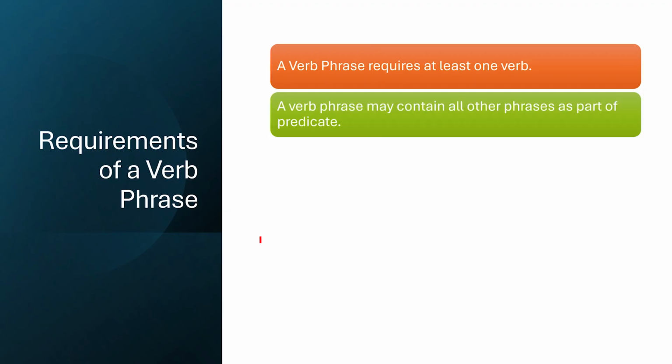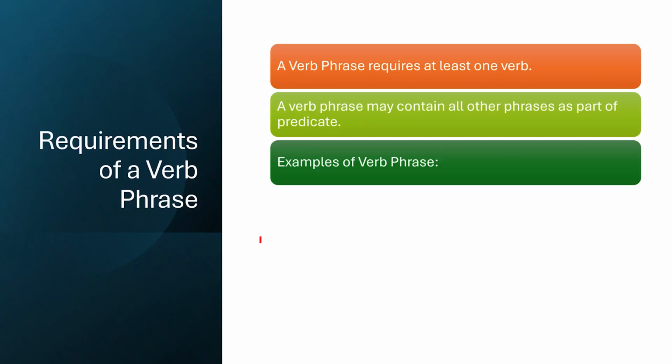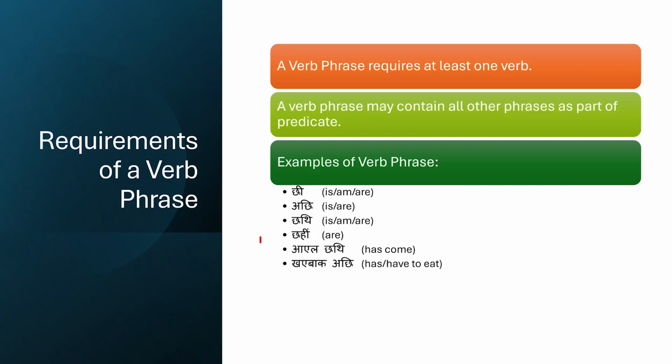A verb phrase may contain all other phrases as part of the predicate. Examples of verb phrases are chi, achi, chati, chahi, ayal chati, khaibak achi, kha rahal chati, and so on.